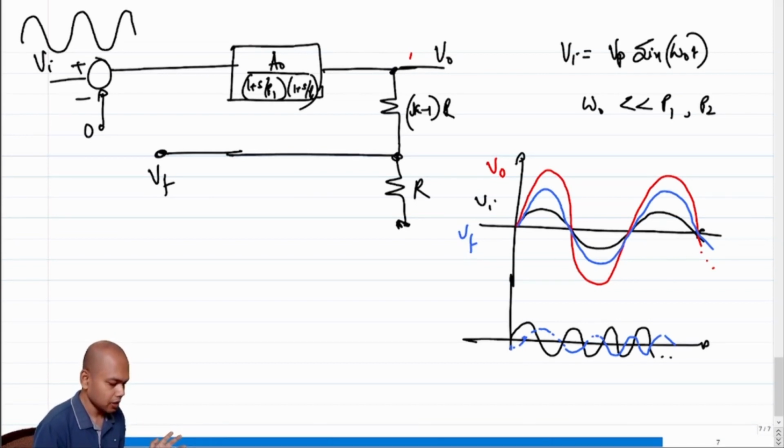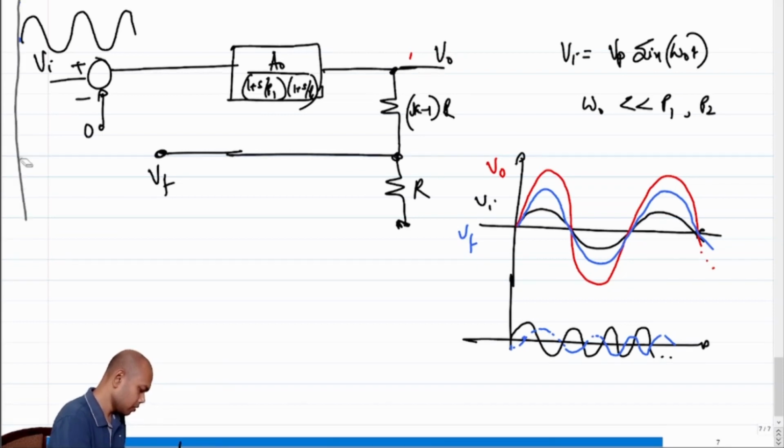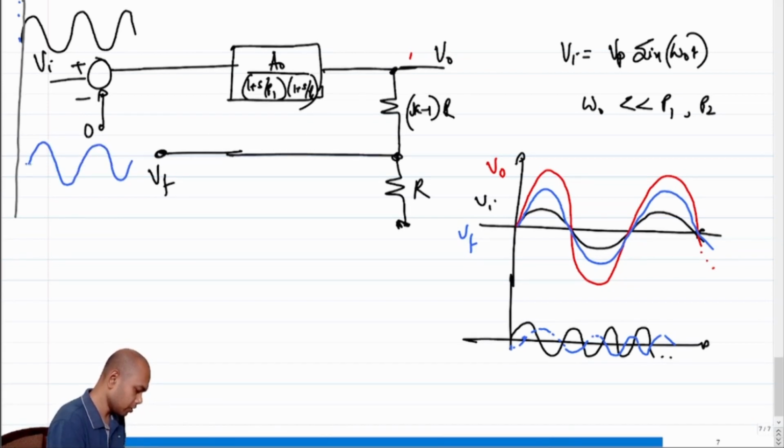Right? In other words, if I have to draw it on the same scale, our feedback voltage can be delayed with respect to the input.